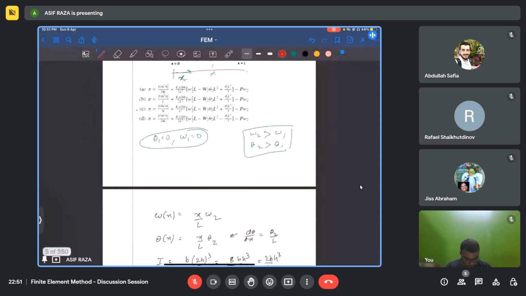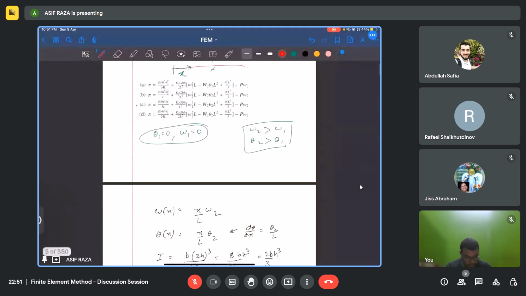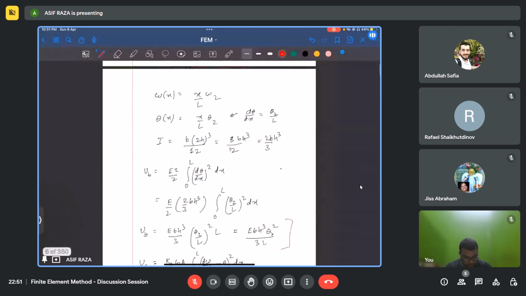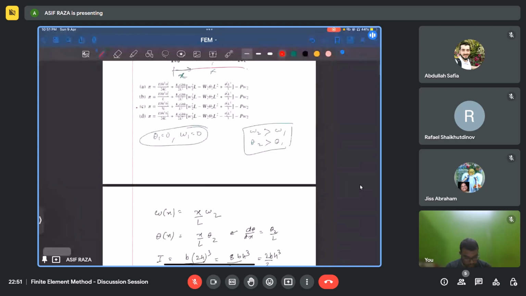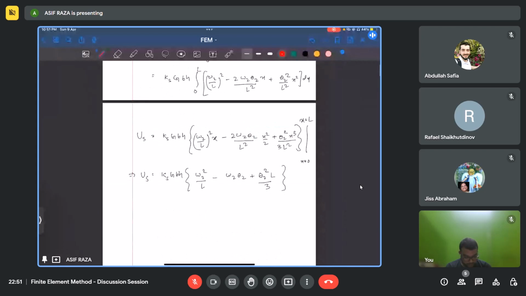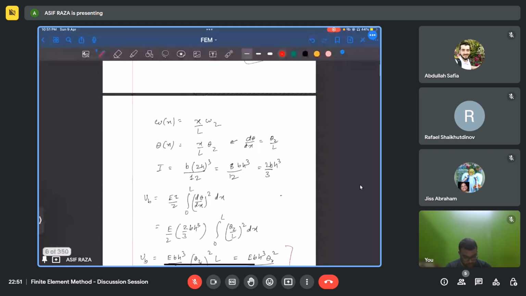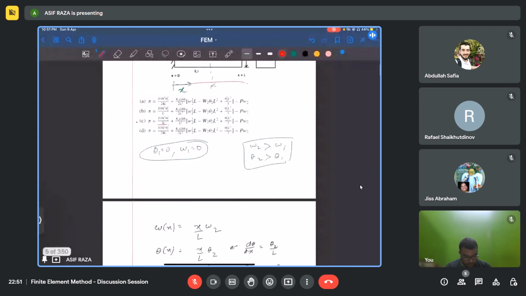So this is okay. And then the shear term has GBH times W2 square by L. Okay, so L square was taken out.